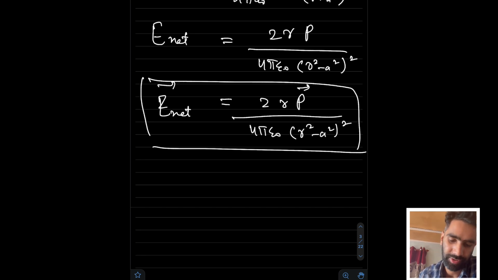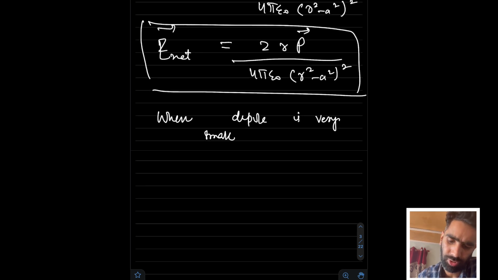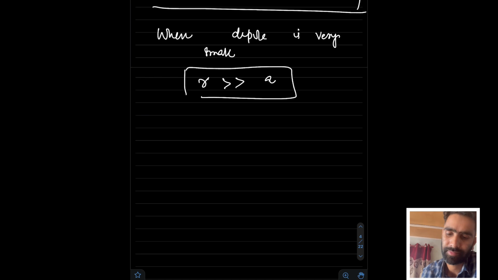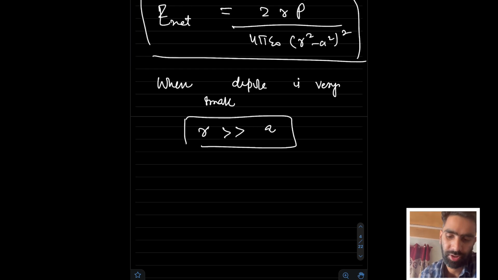So now there is a special case when the dipole is very small, or the point of observation P is far away from the dipole, that is r is far greater than a. The point of observation is very far away from the center of the dipole, such that we can neglect a, and r square minus a square can be approximately equal to r square.